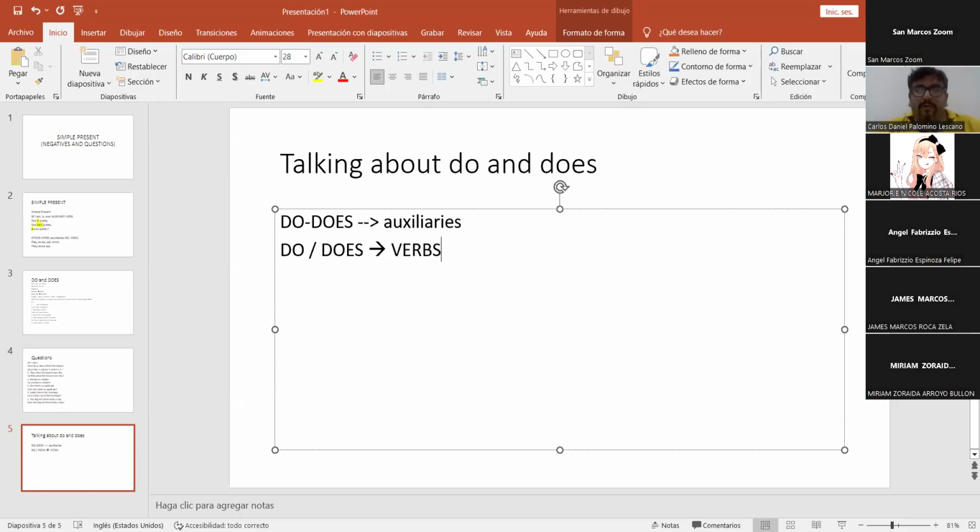También trabajan como verbos. ¿Cómo es esto, profe? Con ejemplo vas a aprender. Examples: I do my homework every day. I didn't say to you, but do and does as a verb in Spanish has the meaning of the verb hacer. Hago mi tarea todos los días.